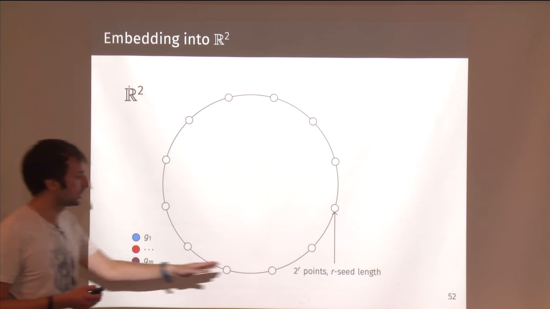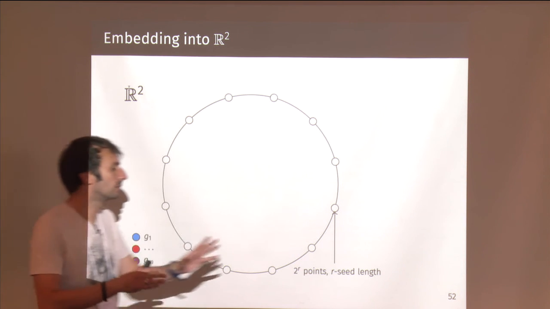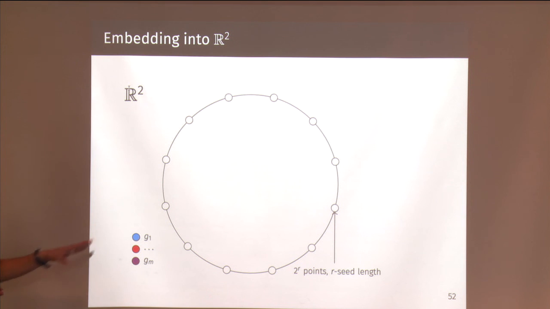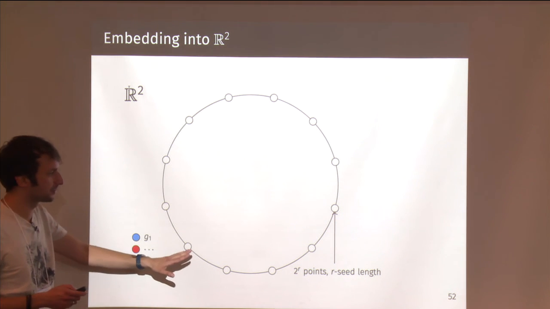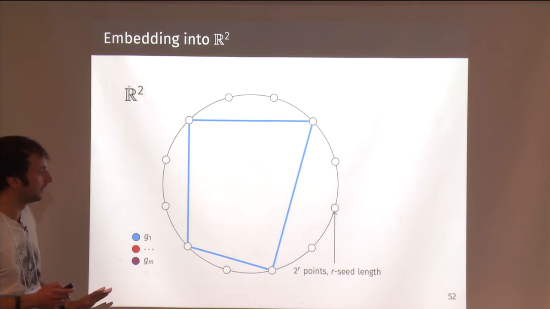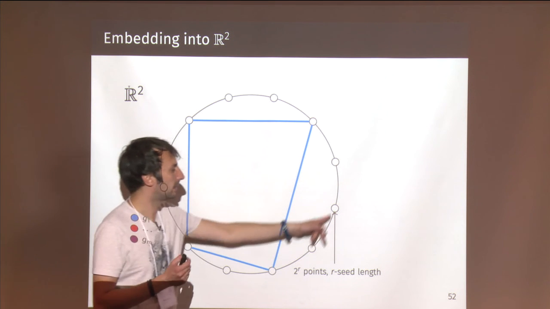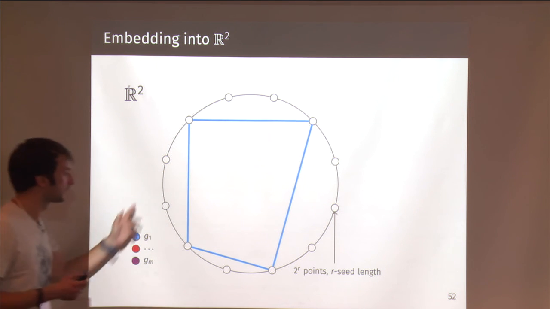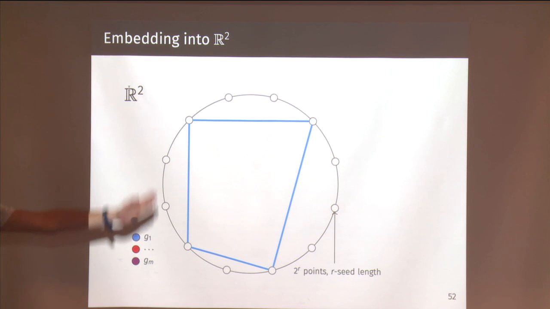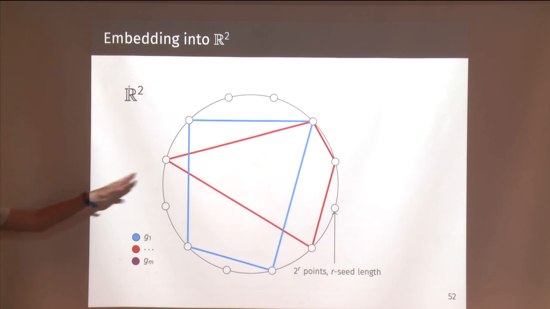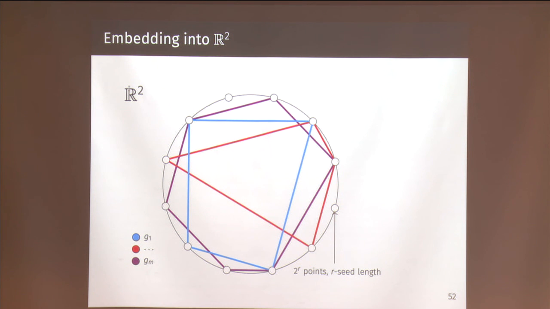If my PRG has seed length r, then I put 2 to the r points on a circle, and define n cube regions as follows. Every point corresponds to a possible value of a seed of the PRG. The first region connects all seeds on which the PRG outputs first bit 1. The second region is all the seeds where the second bit of the output is 1, and so on.